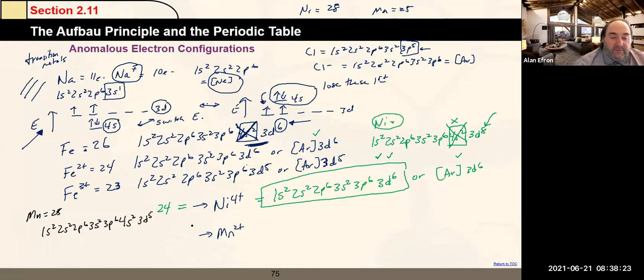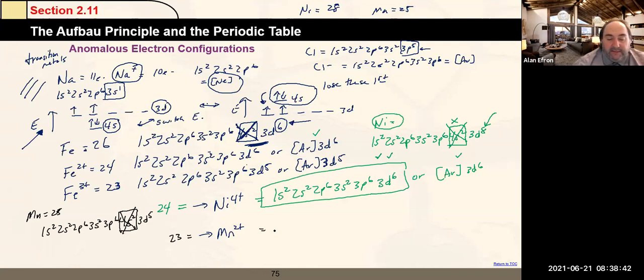And in this case, with a +2, that's going to take us from 25 down 2 electrons to 23 electrons. That is 2 less, so we're going to simply take out those 2 right there. Again, they will always be the first ones that are lost.